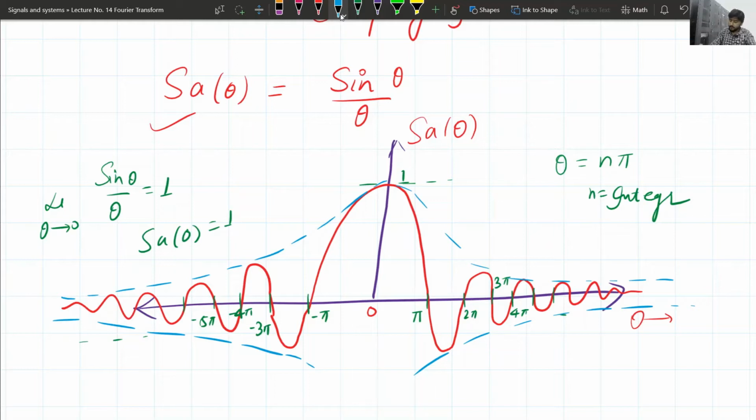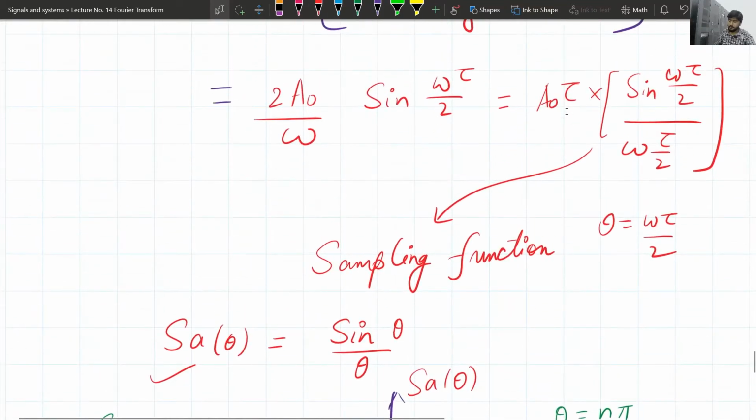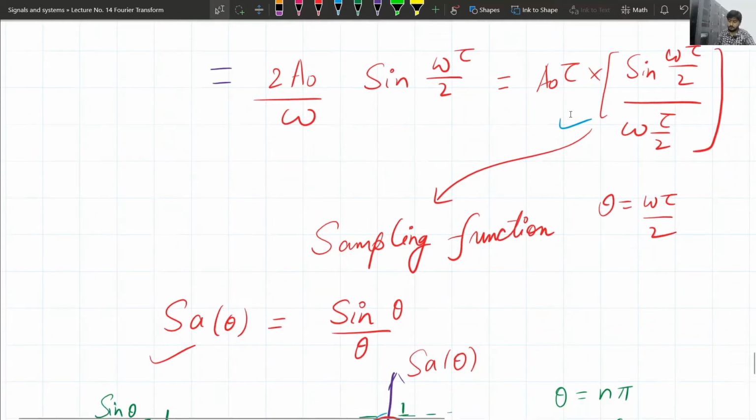It will go on decaying. This is known as the sampling function.